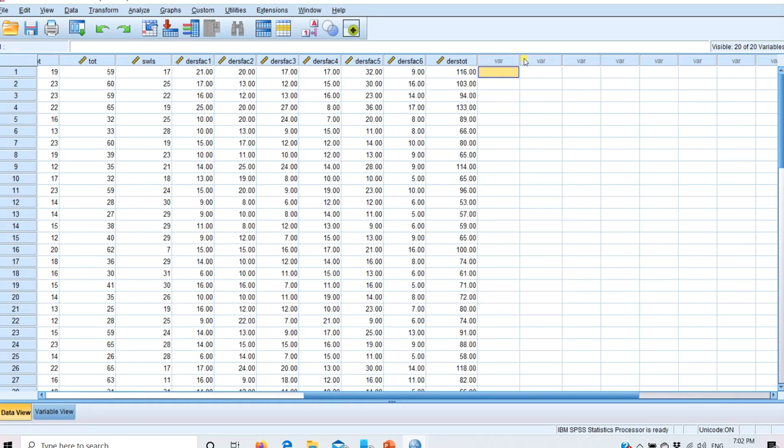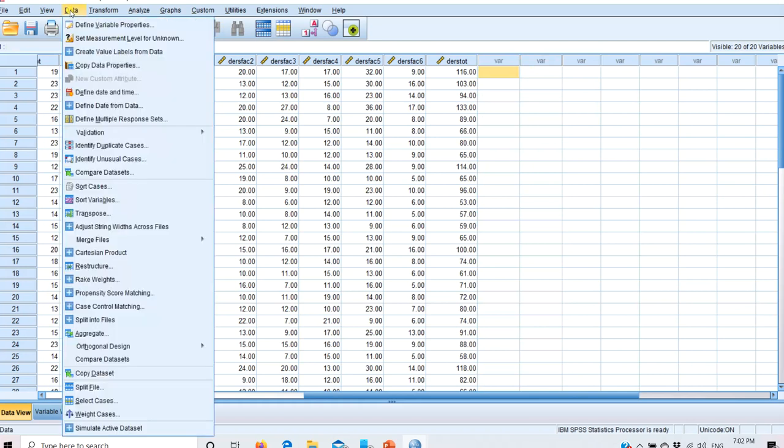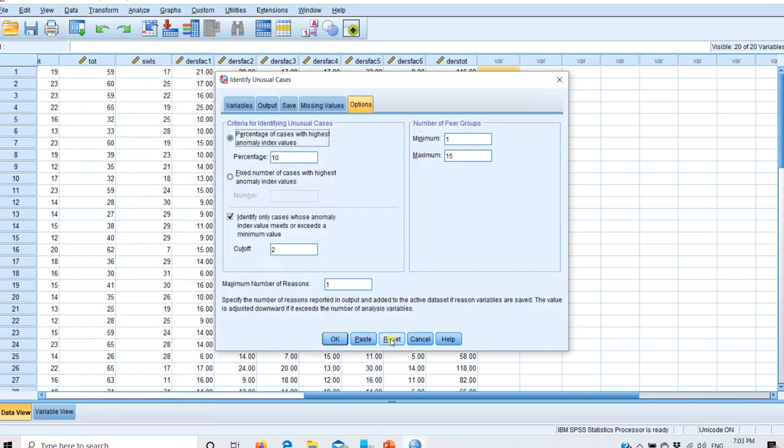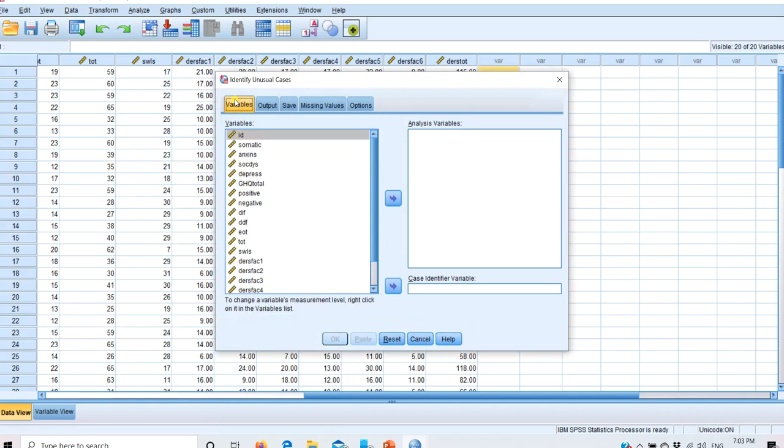I also said that we can go for one option which is already there in SPSS, detecting unusual cases, identify unusual cases. Reset it. First, we will have to select the variables of interest.